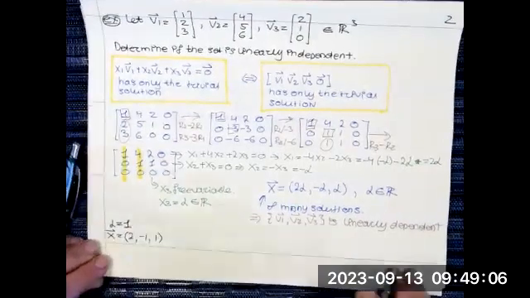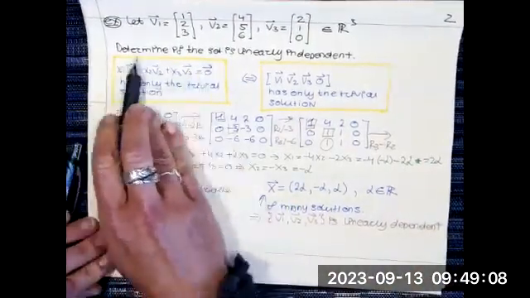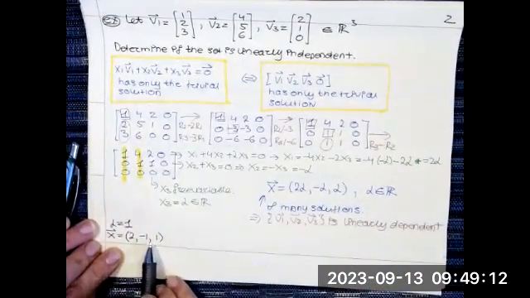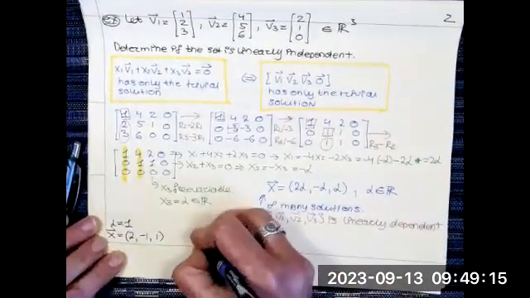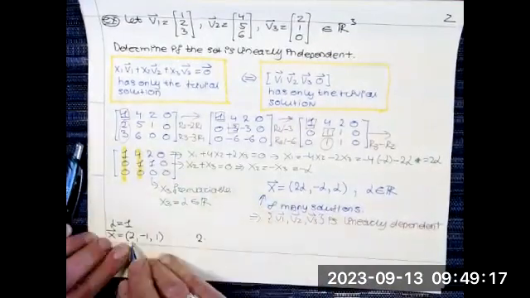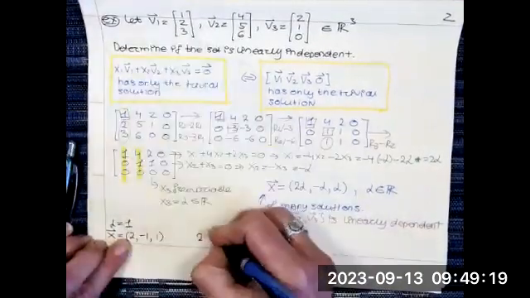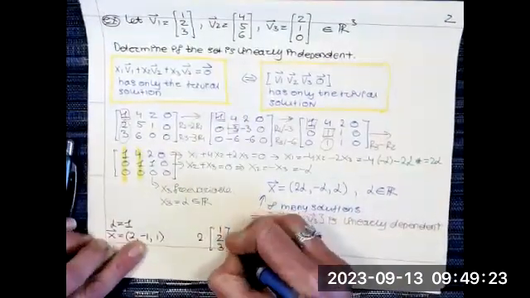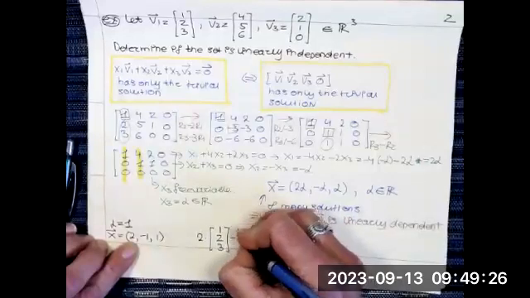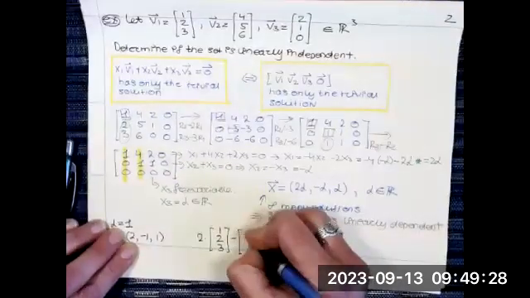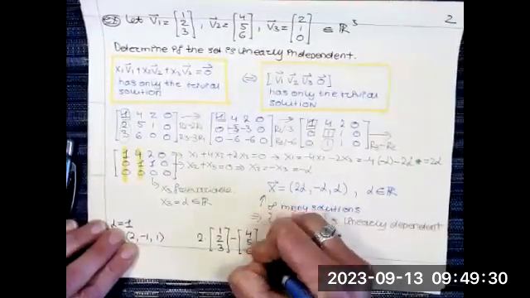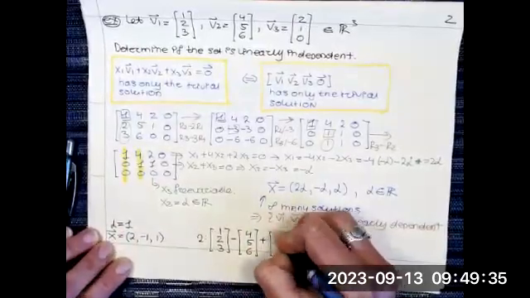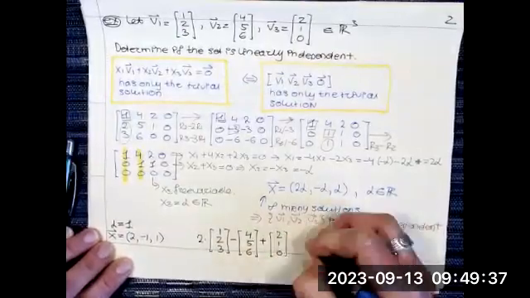That means that when I take this linear combination with my given values of x1, x2, and x3, I'm going to get a 0 vector. So 2 multiplied by v1, (1, 2, 3), minus 1 times (4, 5, 6), my v2, and then plus 1 multiplied by v3, (2, 1, 0).